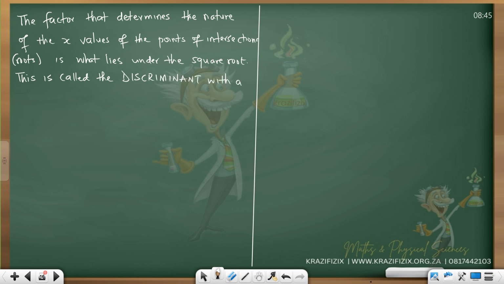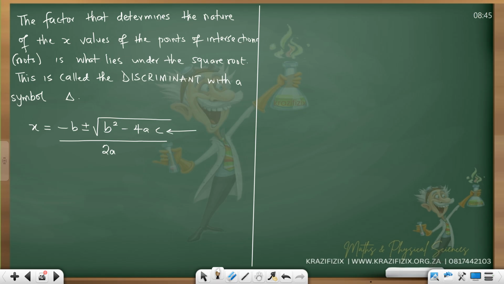With a symbol delta. So we're saying x is equal to minus b plus or minus square root of b squared minus 4ac over 2a. And this is what we're looking at.